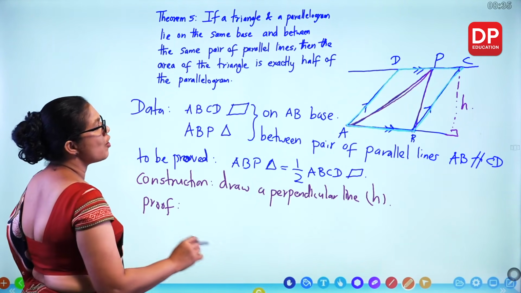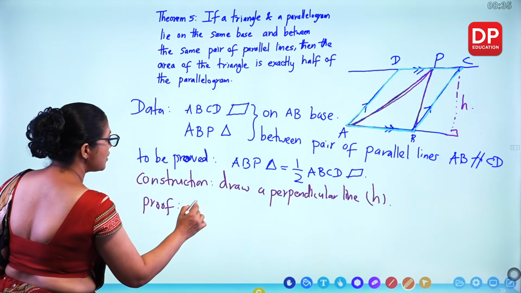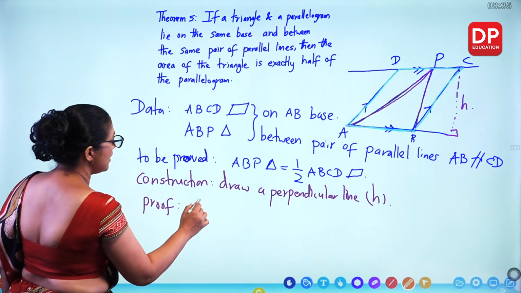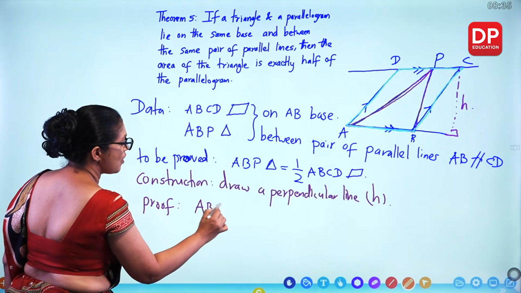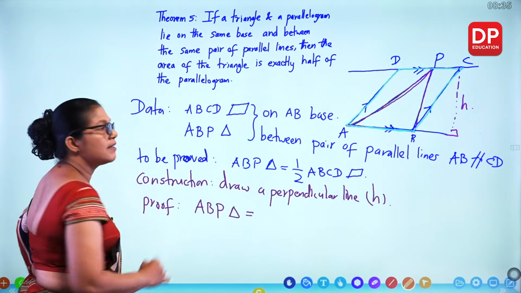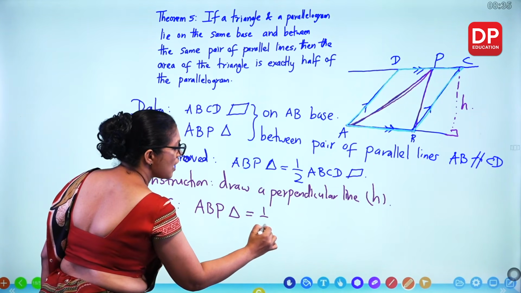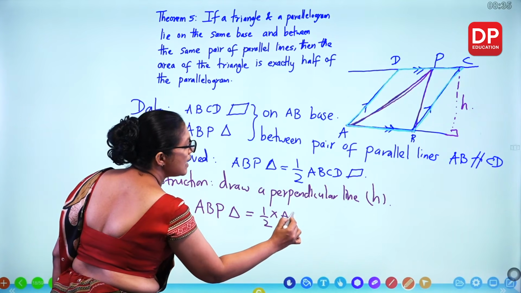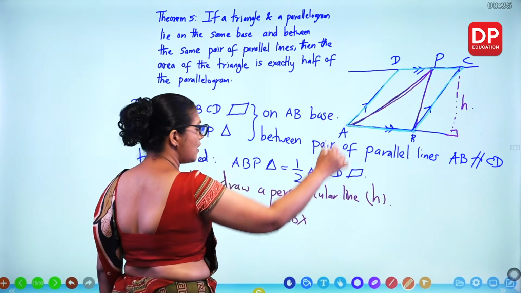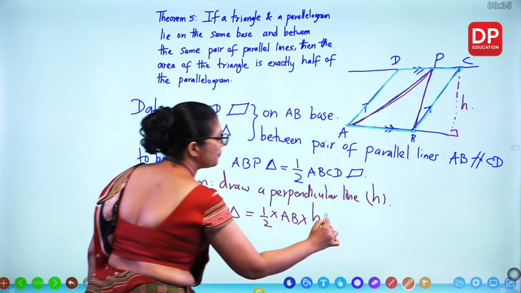What can we say about the ABP triangle? What's the area? AB is the base. So half times AB times the perpendicular height H.